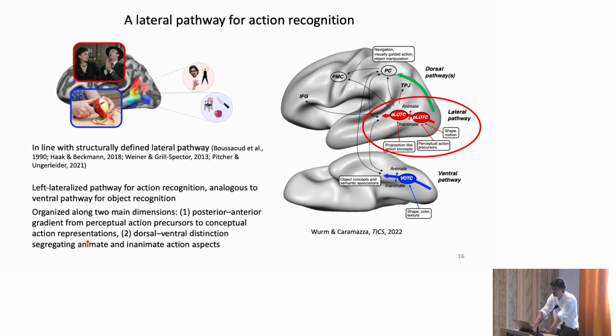And it's also organized in a very similar manner, namely along two main dimensions. So the posterior-anterior gradient that I just mentioned before, from perceptual action precursors to conceptual action representations, and a dorsal-ventral distinction that segregates animate and inanimate action aspects, which mirrors the organization of the ventral pathway for object recognition.